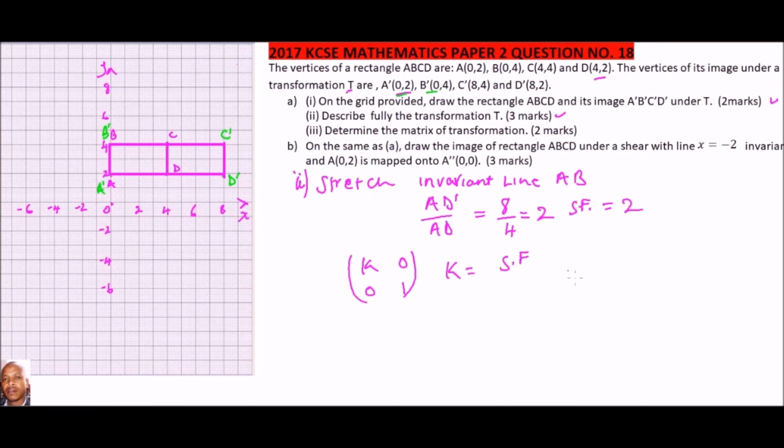So now that we have our scale factor as 2, the transformation matrix is (2 0, 0 1). So that is the transformation matrix.